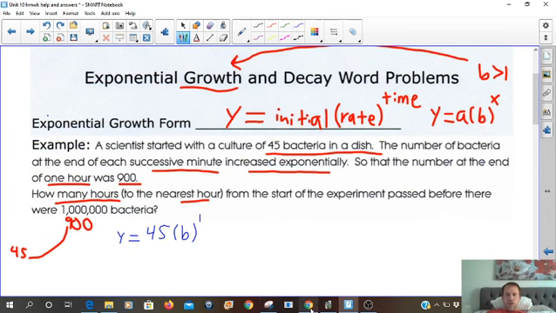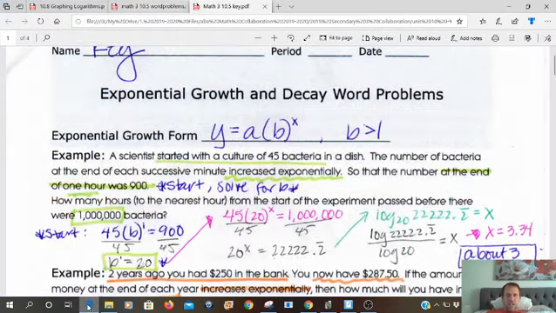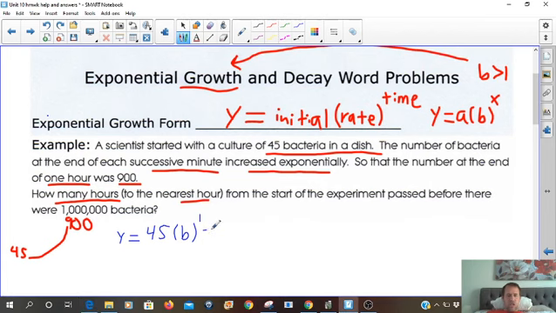So let's take a look at our guided notes there real quick. Okay, so then we first have to set that initial. So we went basically from 45 to 900, right? So we're setting it equal to y, which is how far it went. Now we can get our rate. Went from 45 to 900. Well, how many times did it multiply by itself?